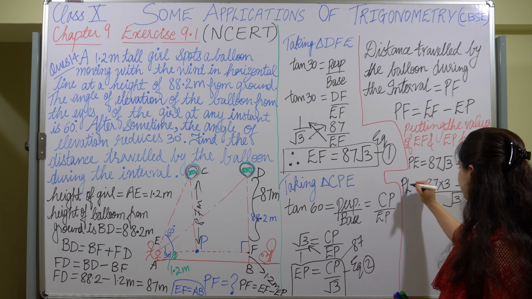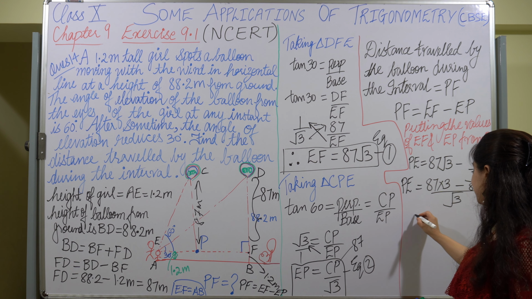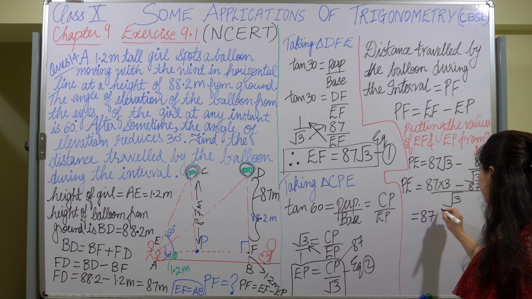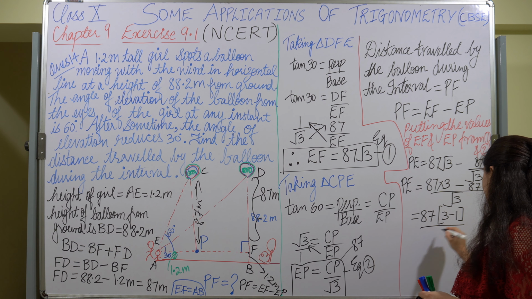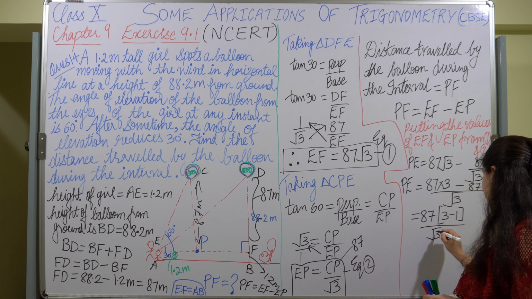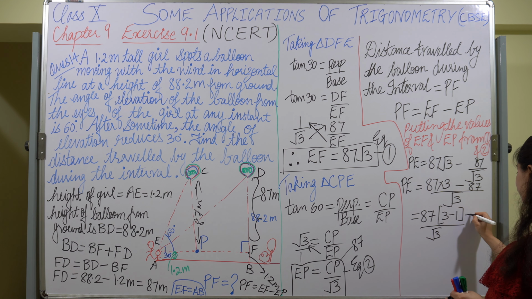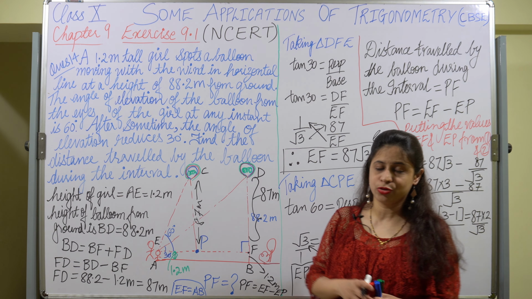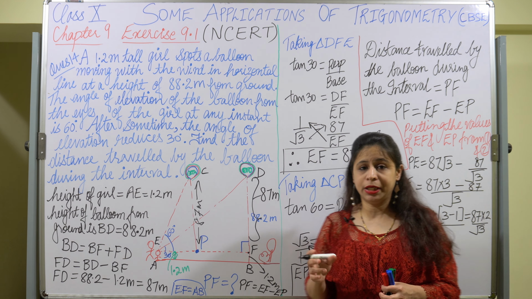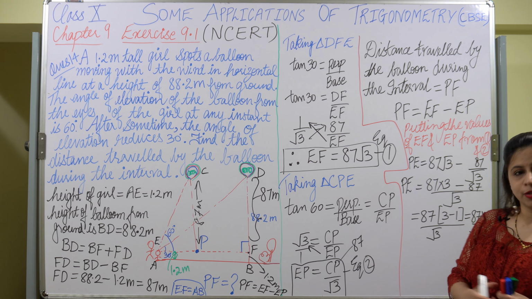I will be taking 87 common from here. So 3 minus 1 is left, upon under root 3. So here I'm getting 87 into 2 upon under root 3. Now the under root is in the denominator, so I cannot leave the answer with a root in the denominator.